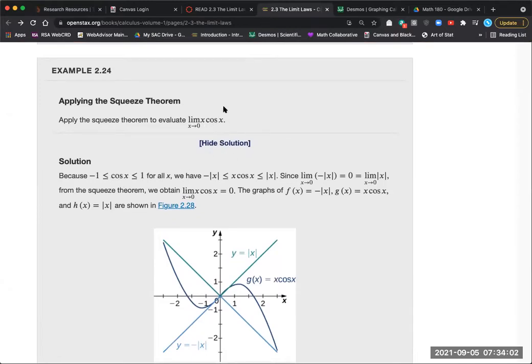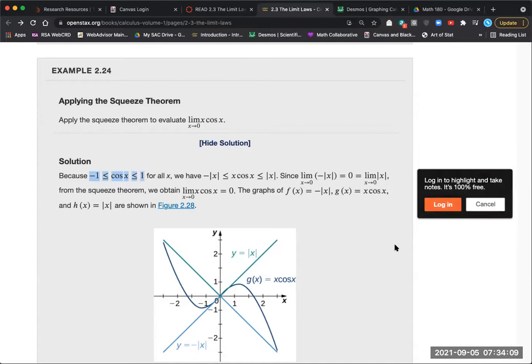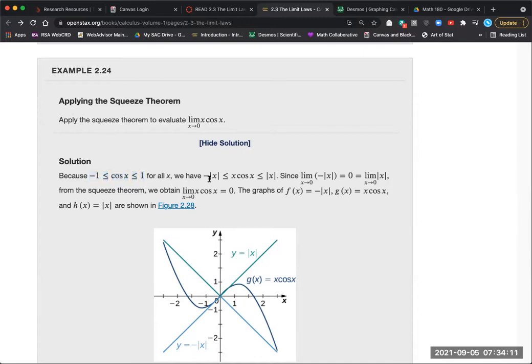And so this is a classic place to apply the squeeze theorem. Cosine x, we know, is a value between -1 and 1 all the time. So this is a true inequality.